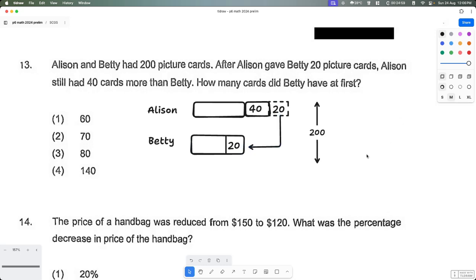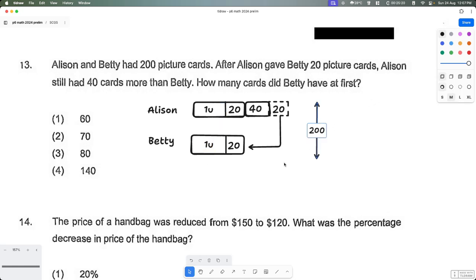And so how many cards did Betty have at first? What we can do is that we know this is 20, we know this is 20 as well. So that means this will be 1 unit, and then this will be 1 unit as well.